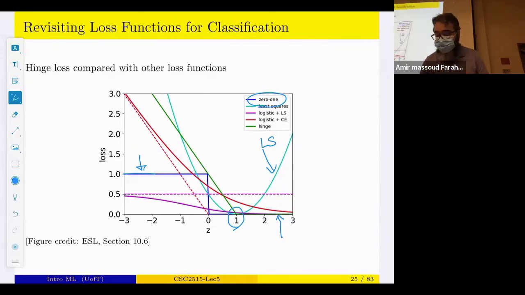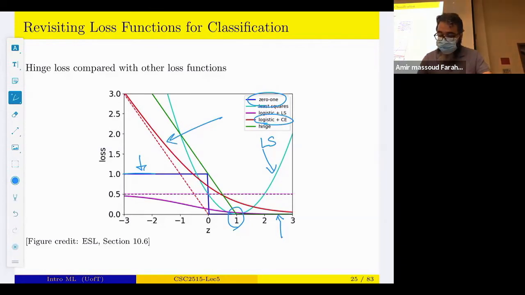Because if z is very positive, it means that the classifier is very confident, which we can also think of from the geometric viewpoint as having a large margin on the right side. But least squares loss basically says it is doing the wrong thing. The other one we had was logistic regression, with logistic activation function and cross entropy loss, which would be this red one.